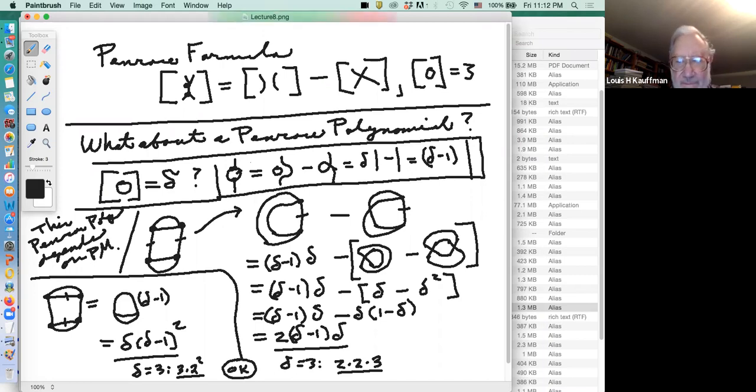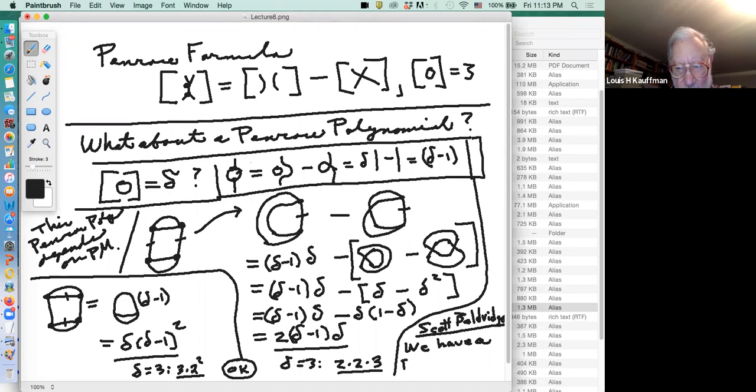Scott Baldridge said, and some of this work is joint with Scott I'm talking about here, Scott said, we have a perfect matching polynomial. Okay, so that's one way to think of what happened here. And I did this little mathematical experiment for you.